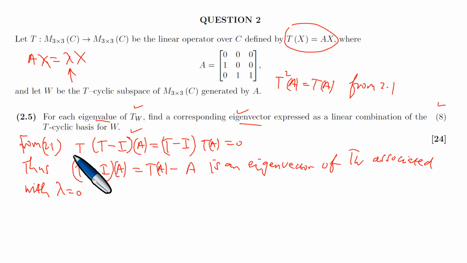Why lambda equal to 0? Well, what it is saying is that you have T of these is 0.